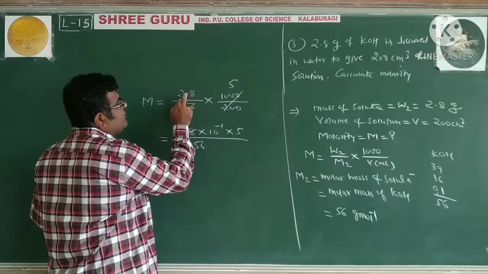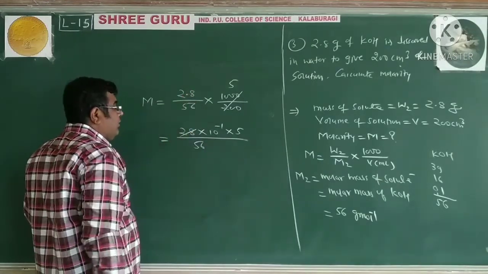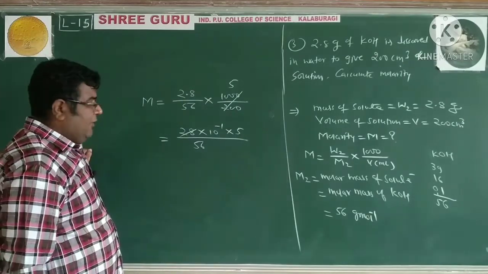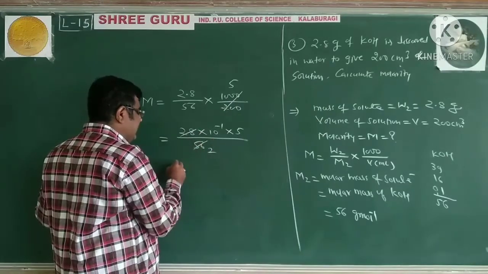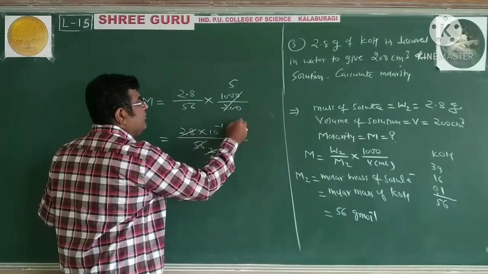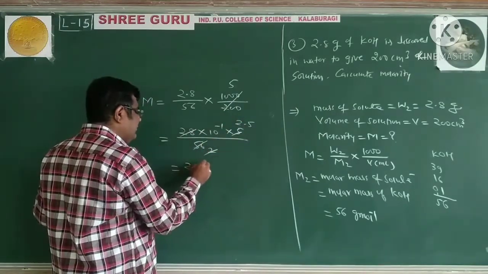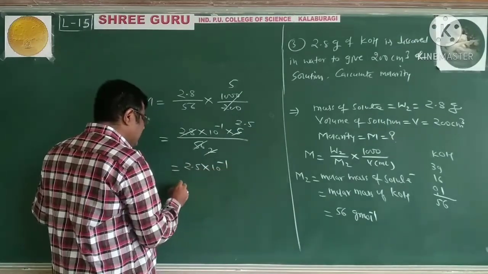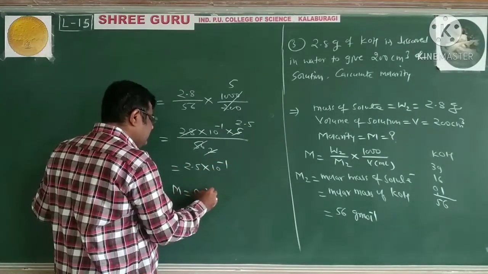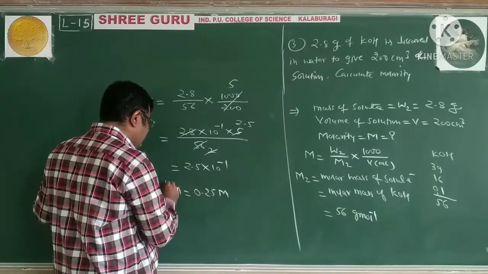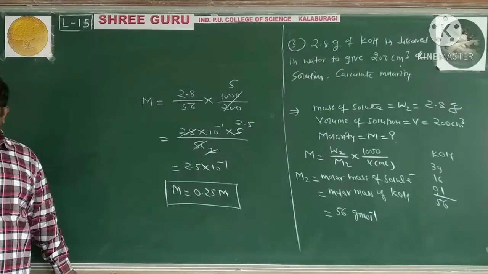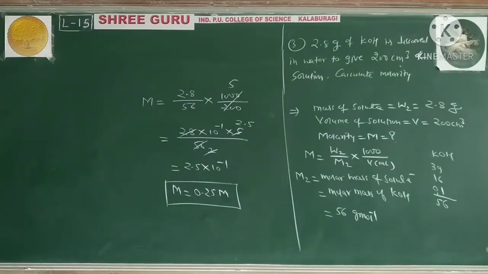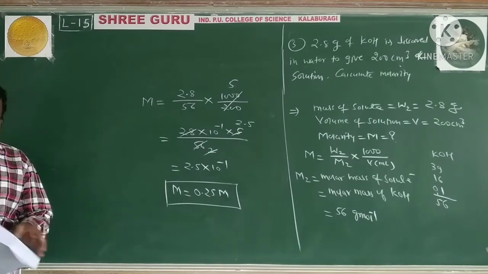This decimal point I have shifted to right, so I have multiplied by 10 raised to minus 1. 28 by 56 is 1 by 2. 1 by 2 into 5 is 2.5 into 10 raised to minus 1. So 0.25 molar. Always remember the unit because unit carries marks. So this is third question which we have solved together.